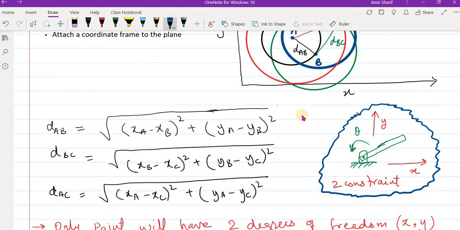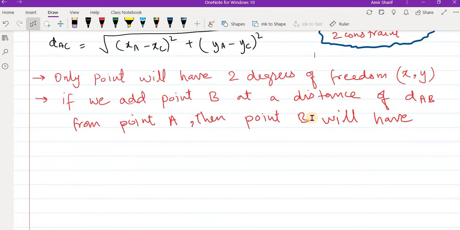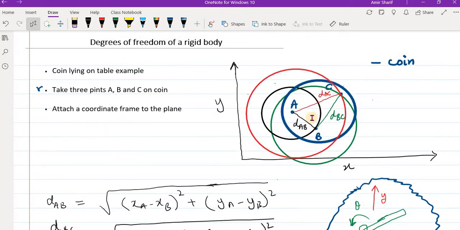So it means that constraints limit the motion of a body or of a point, and they also limit the degrees of freedom. So if B must maintain a distance of DAB from the point A, point B will always be here because the coin is a rigid body, not a flexible body, it's a hard metallic body, you cannot bend it or change its shape.